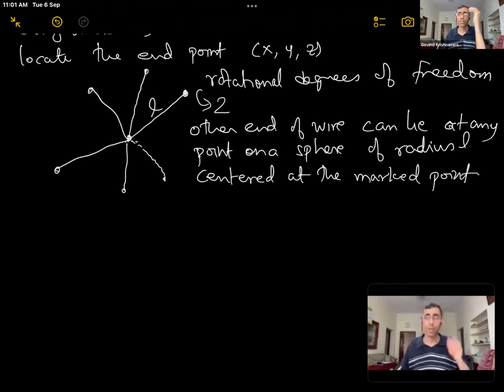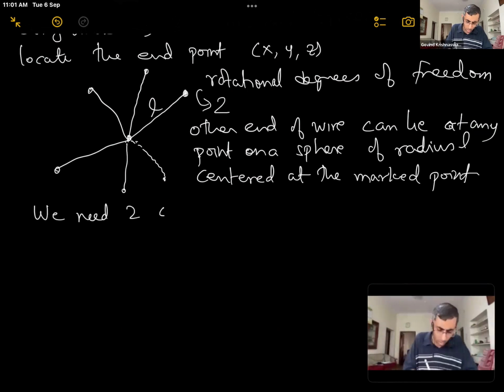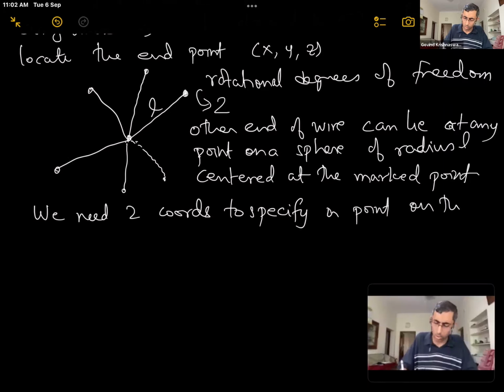Okay, and now the question is, what is the dimension of the surface of a sphere, or how many coordinates do you need to specify a point on a sphere? So we need 2 coordinates to specify a point on the surface of a sphere.